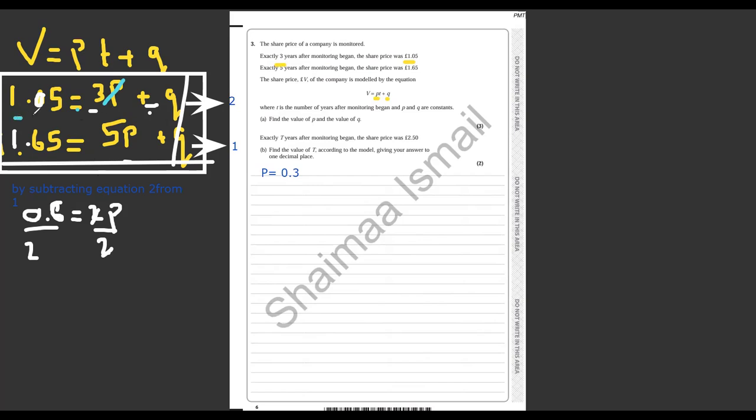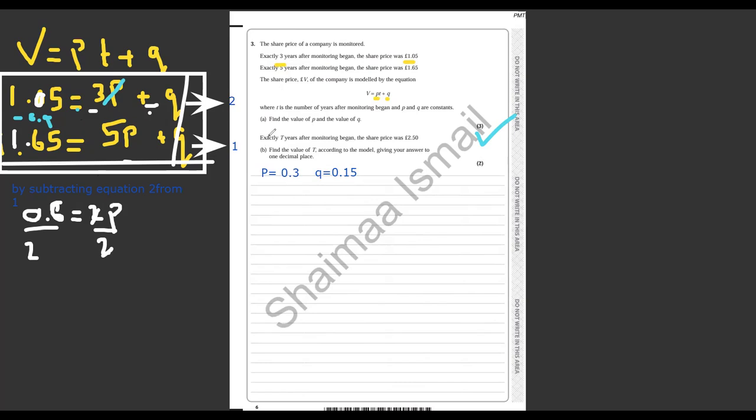So 1.05 minus 0.9 gives us 0.15. So the Q will be equal to 0.15. Okay, so we did the first part already.